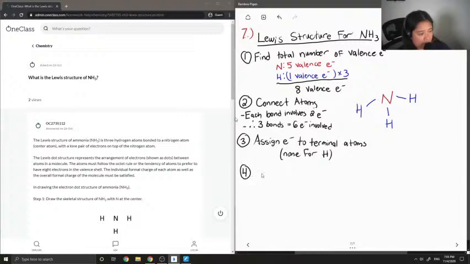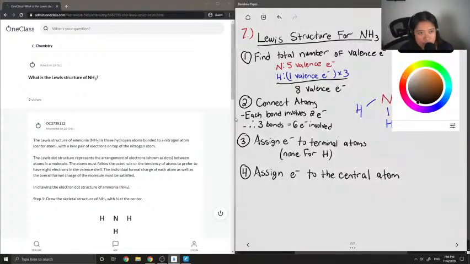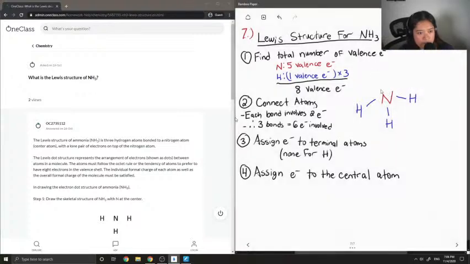But step 4 is to assign electrons to the central atom. So we need 2 more electrons for NH3. So I'm going to put them on my central atom, which is the nitrogen.